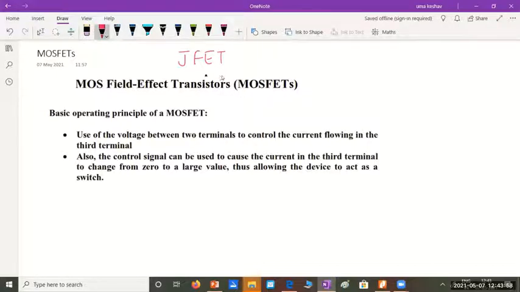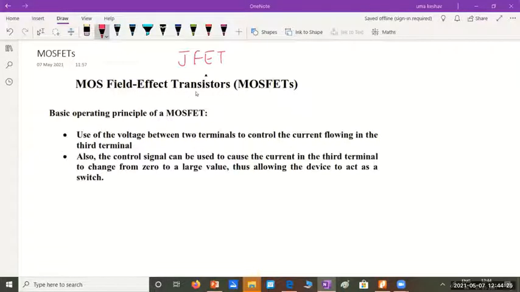FETs are also transistors, but which follow the basic principle of, what is the basic principle of operation of FET? Yes. What control device? FET is a voltage control device. You are right.